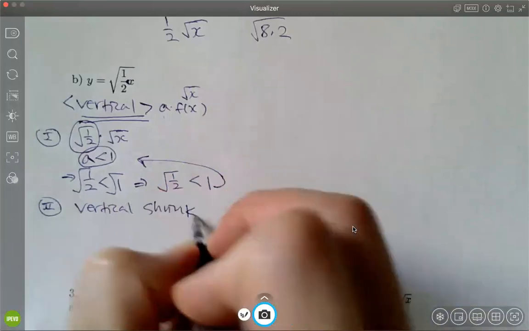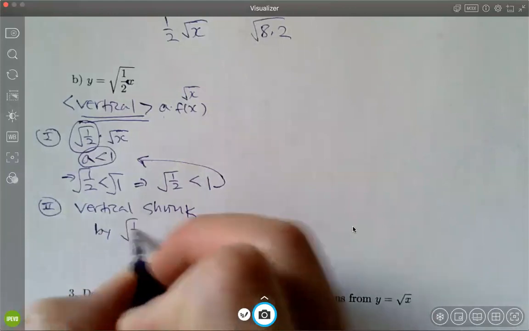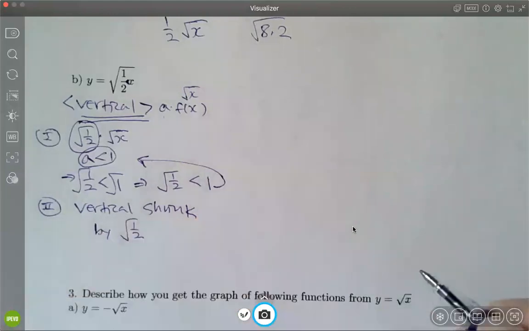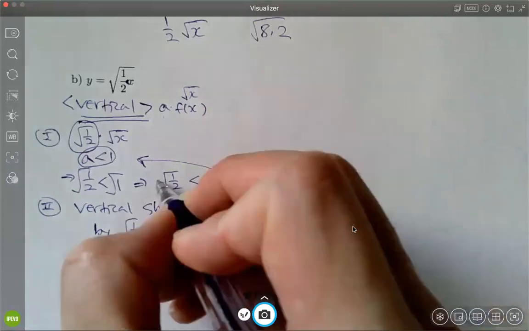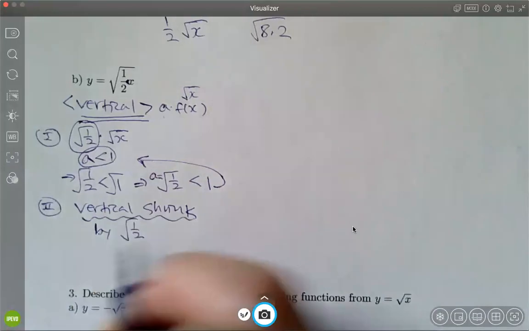Shrink, right? Because we are just thinking in a normal way. So this one is a vertical shrink by a factor of square root of 1/2. Again, this was your a.